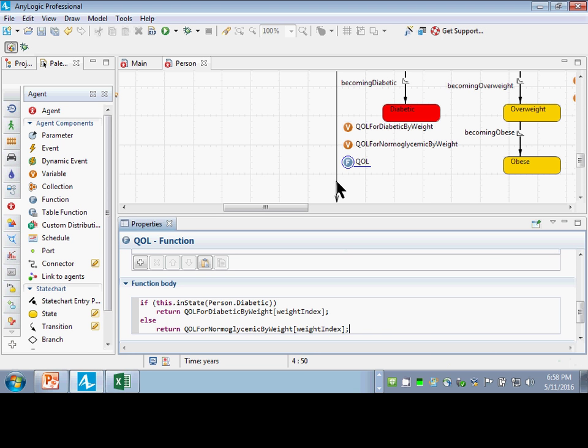Okay, so we're going to look up for their current weight. So if they're diabetic, we're going to return the quality of life index, the health-related quality of life measure for their current weight from this quality of life for diabetic. If they're not diabetic, we're going to look up the comparable weight in the normal glycemic. Does that make sense?